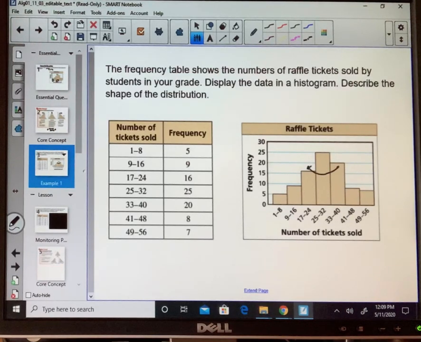So I could be really picky about it and say this was slightly skewed to the left because I need to push it to the left. But really, honestly, I think this is pretty symmetric, so I would write symmetric. Because this middle is here, and it does kind of follow this normal curve, this bell curve kind of thing, right? So I'd say this is symmetric.